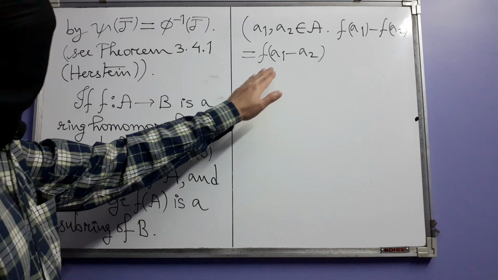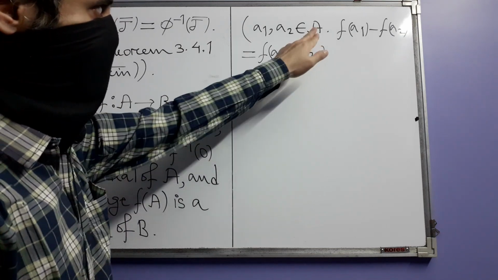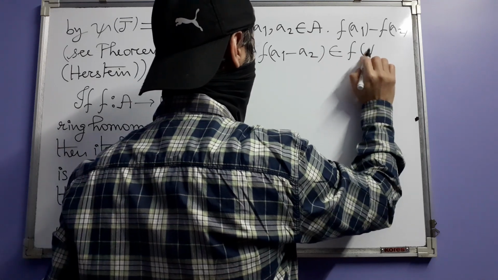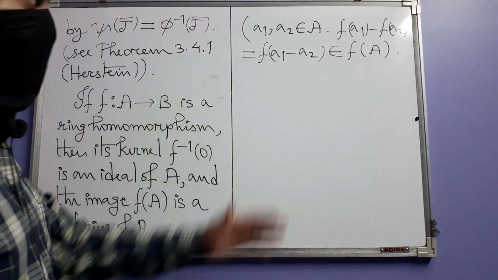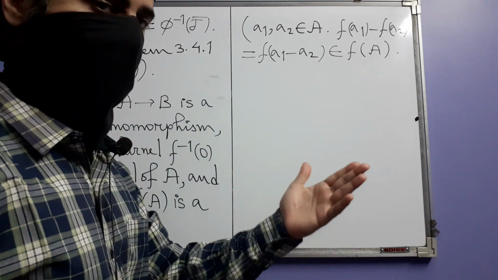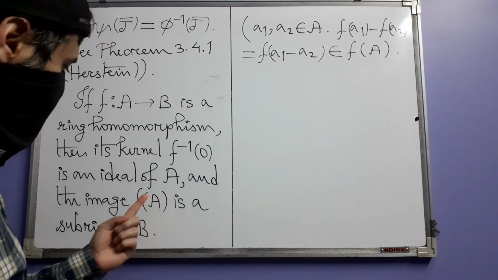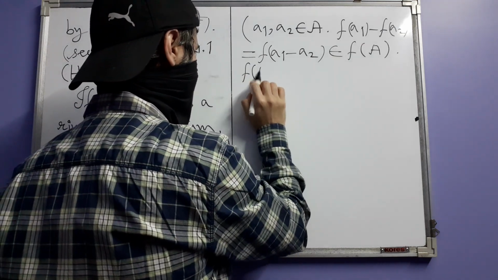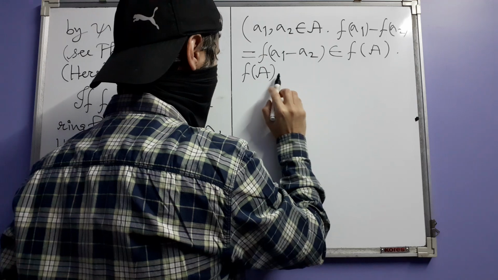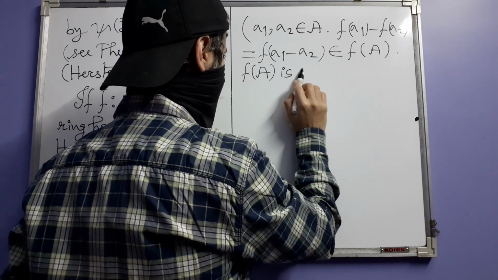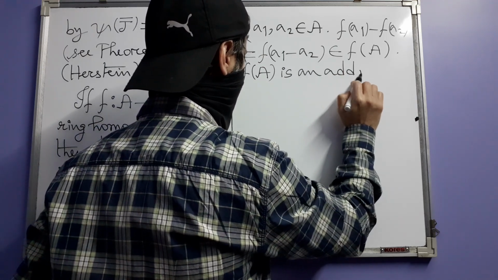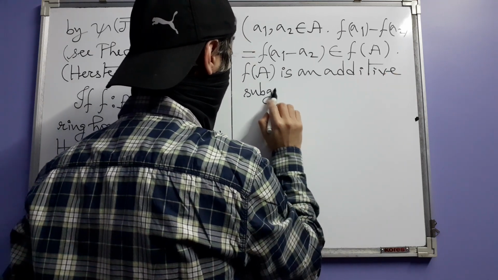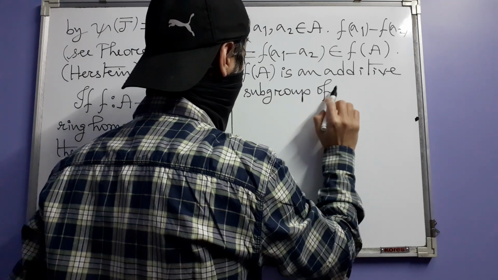So that is again the f image of some element in A. So this belongs to f of A. What does this tell us? This tells us that f of A is a subgroup of B under addition. Or to put it somewhat more compactly, an additive subgroup of B.